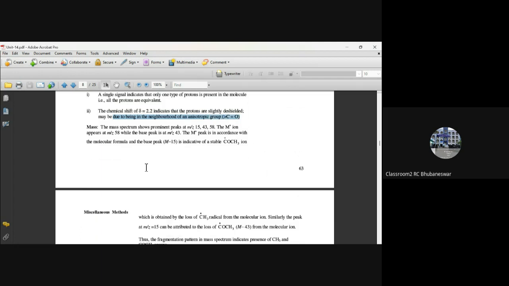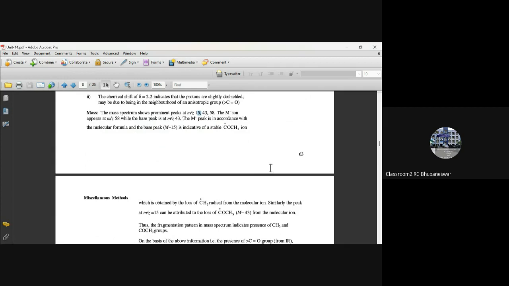From the mass spectrum you got prominent peaks at 43, 58, and another peak at 15. Prominent peaks are enough for the structural elucidation.